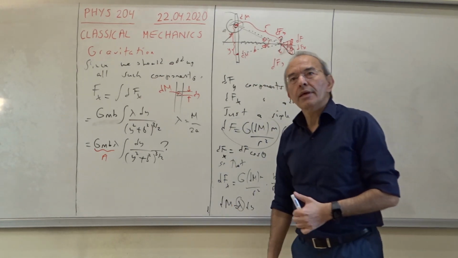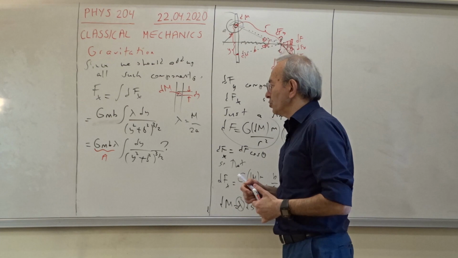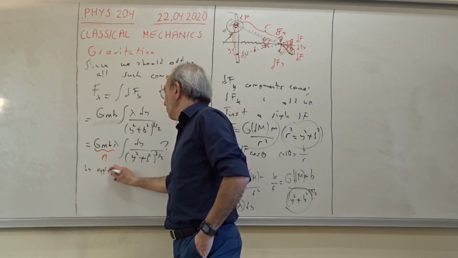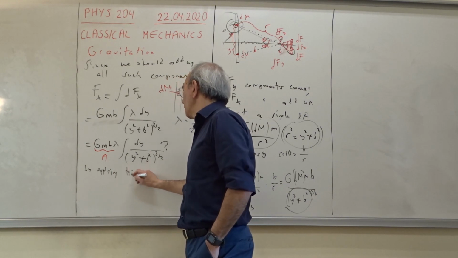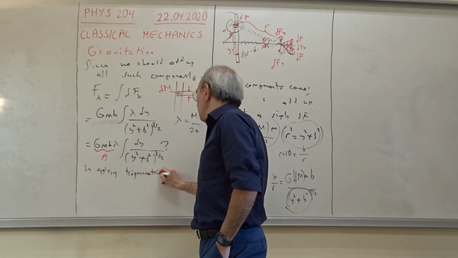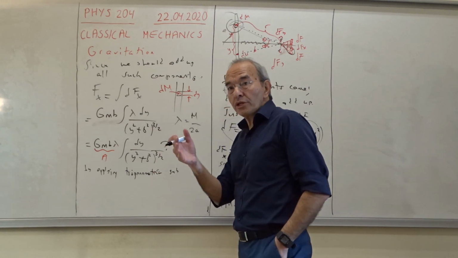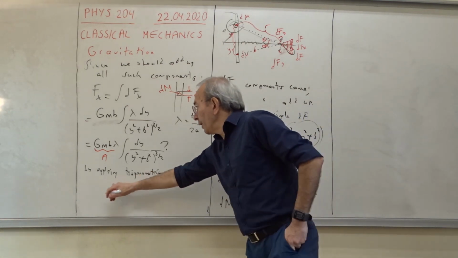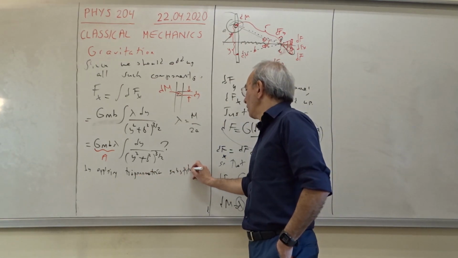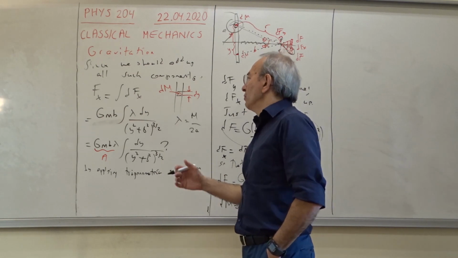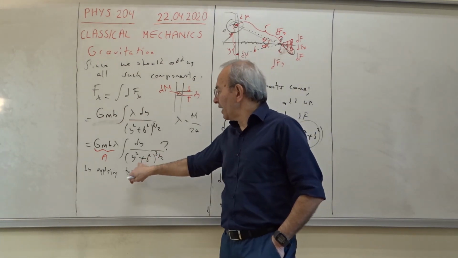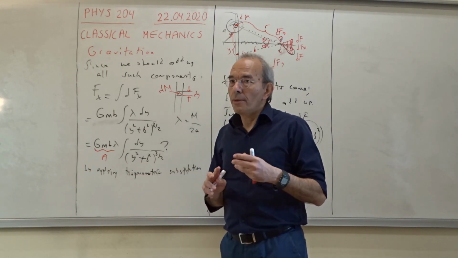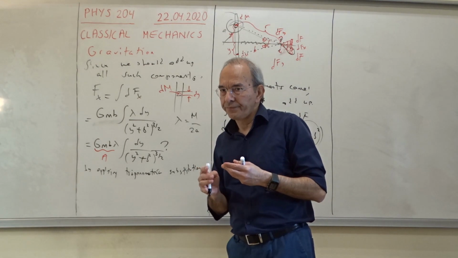One of them is just trigonometric substitution. But what should be the correct choice? Is it sine theta, cosine theta, tangent or cotangent, whatever? Remember that we know from previous experience, if we have a subtraction in the denominator, it is better to substitute sine theta or cosine theta for y.